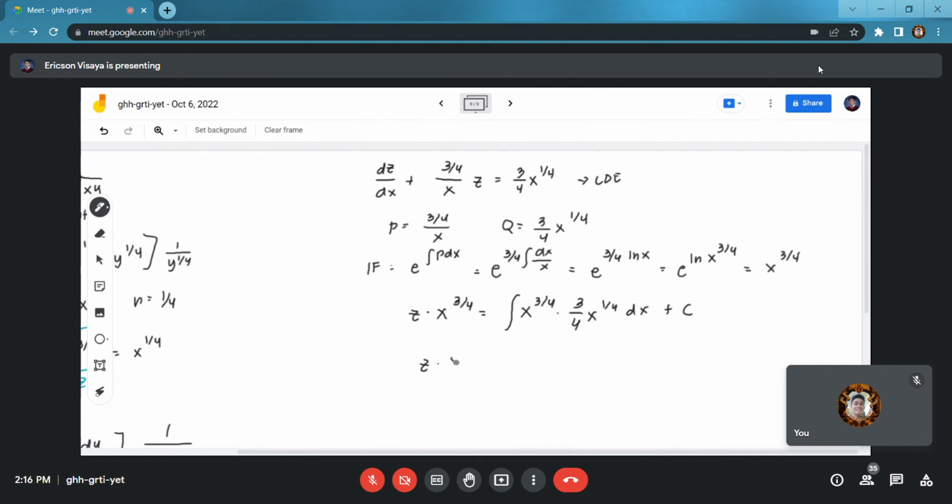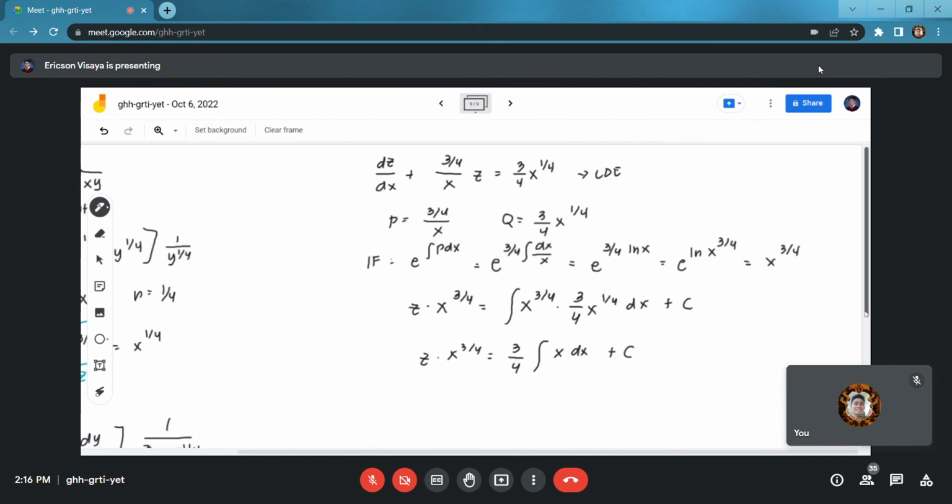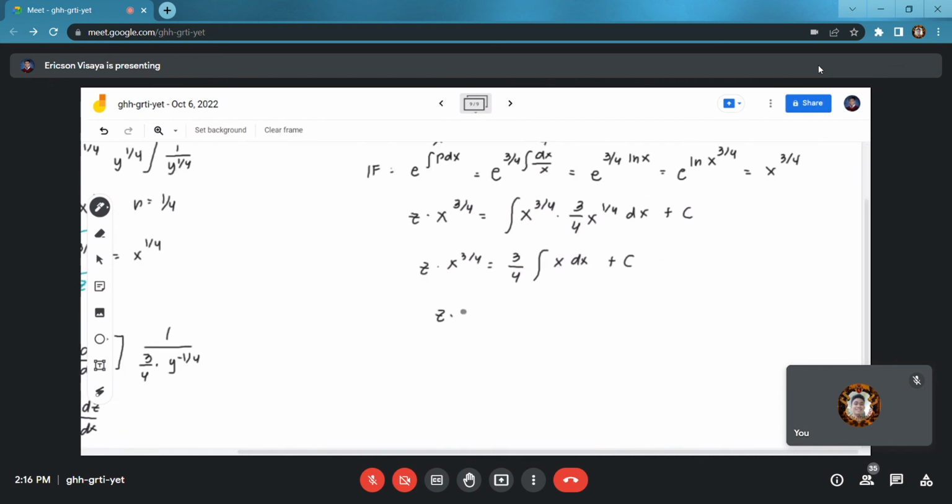Bali, z times x raised to 3/4 is equal to, factor out yung 3/4, the integral of x dx plus c. So, z times x raised to 3/4 is equal to 3/4 times x squared all over 2, the integral of x dx is x squared over 2, plus c. So, z times x raised to 3/4 is equal to 3/8 x squared plus c.